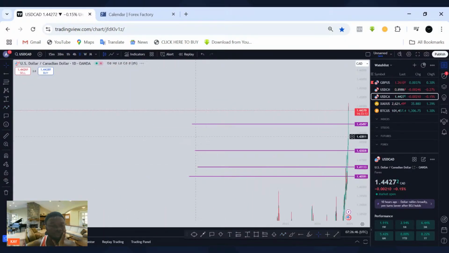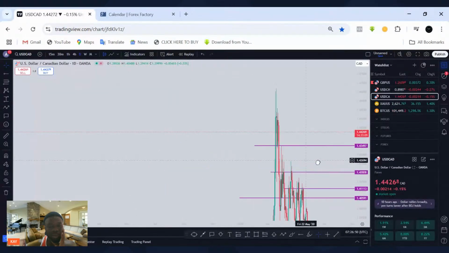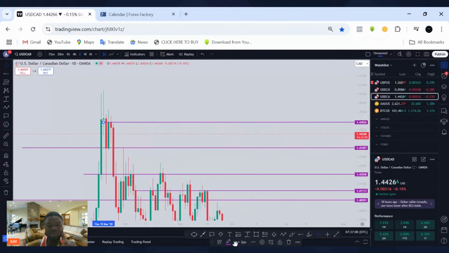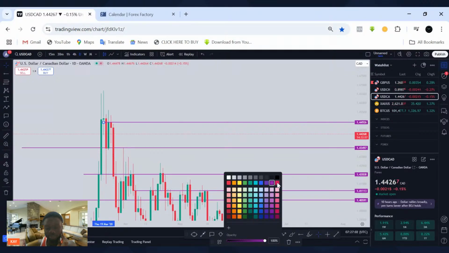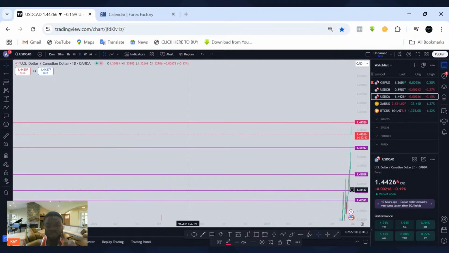So looking at the daily time frame, let's check price action. This is the current market price, at this level, 1.4426. So we're having this rejectional level too at the daily time frame. You get it?